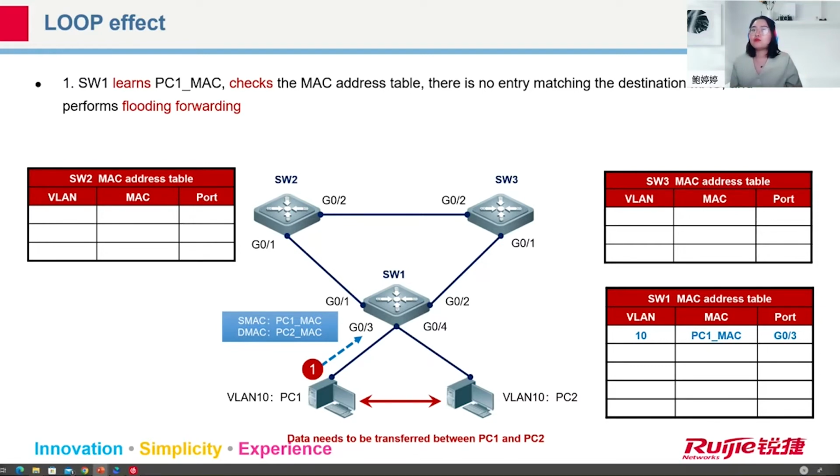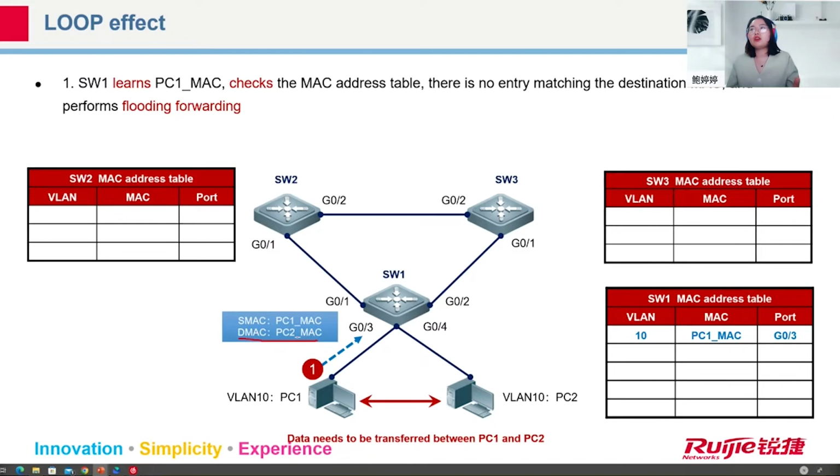The second step: switch 1 also has to forward the traffic out. The destination MAC address is the PC2 MAC address. I will take this MAC address and match it against our table, right? But in our table now, we don't have the PC2 MAC address.